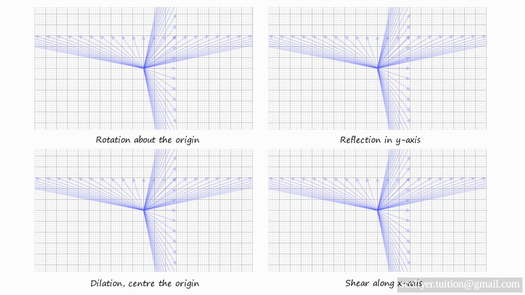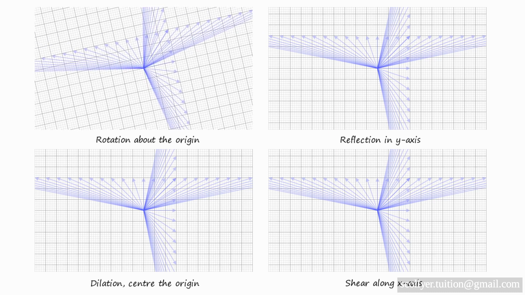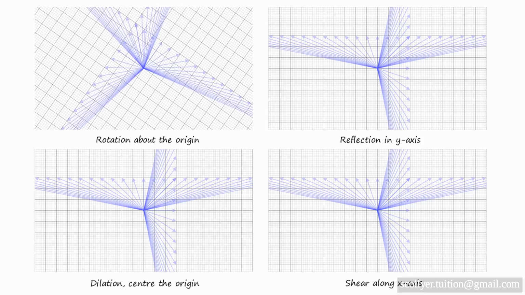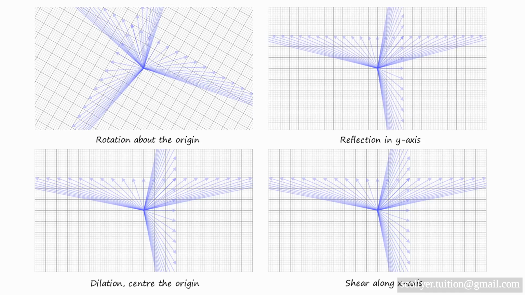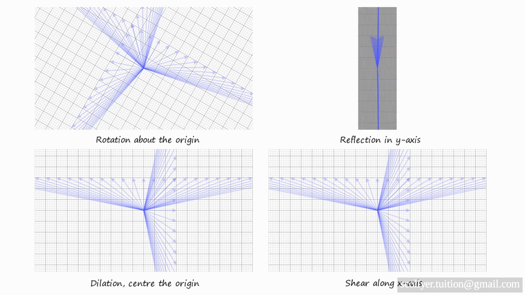Here we have 4 graphical examples of linear transformations of R2 to R2. First, we have a rotation about the origin. Secondly, we have a reflection in the y-axis.